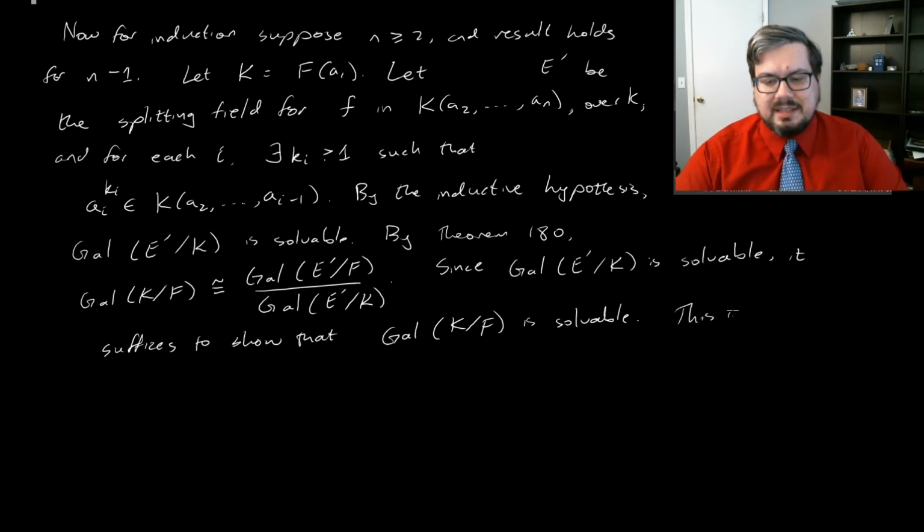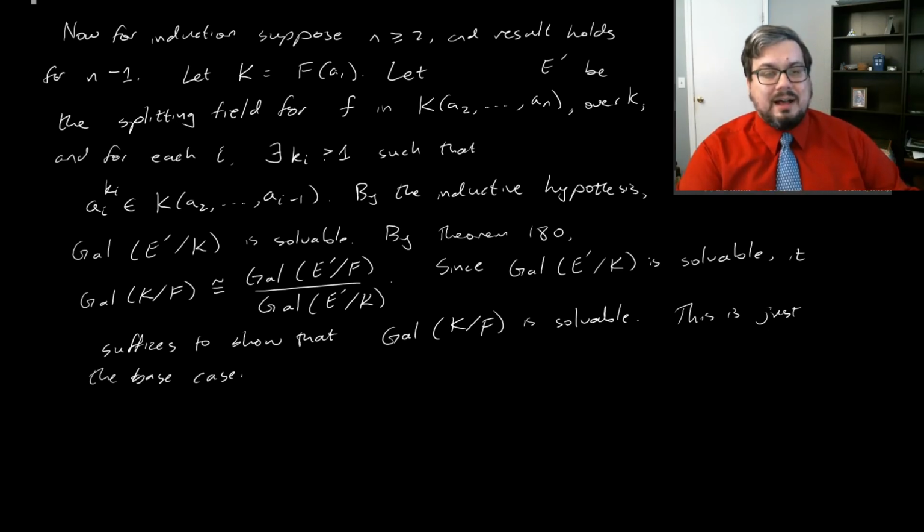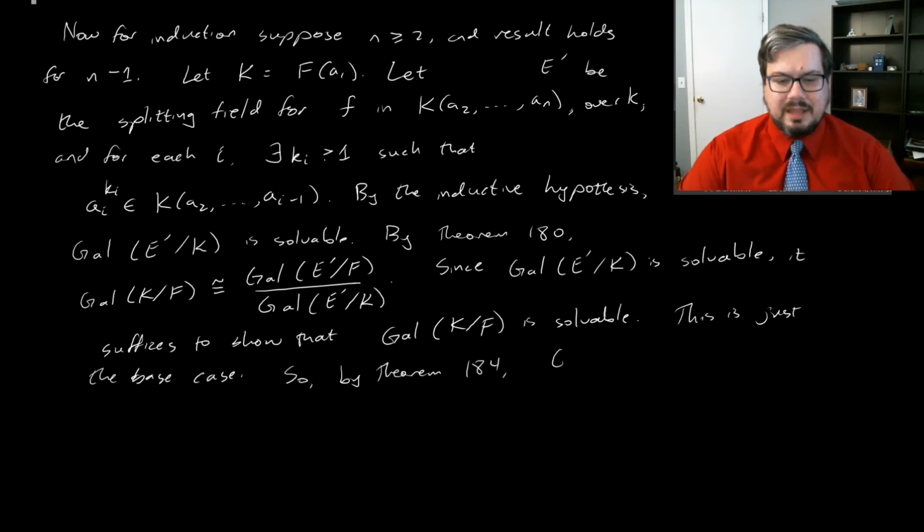So we've already proved that the Galois group of F of a1 over F is going to be solvable. In fact, it's only part of the base case that we looked at. So by theorem 184, we have that the Galois group of E prime over F is solvable.